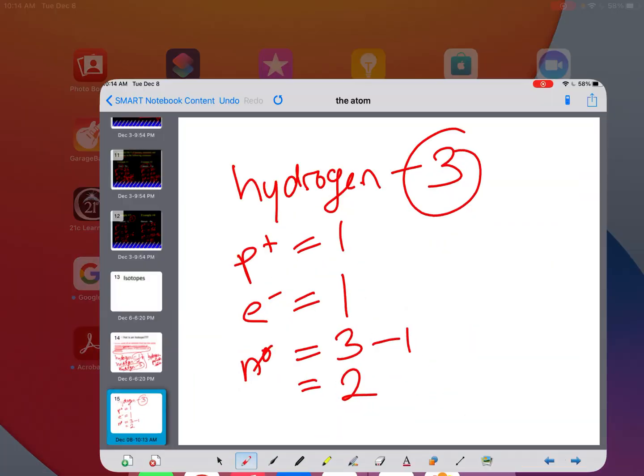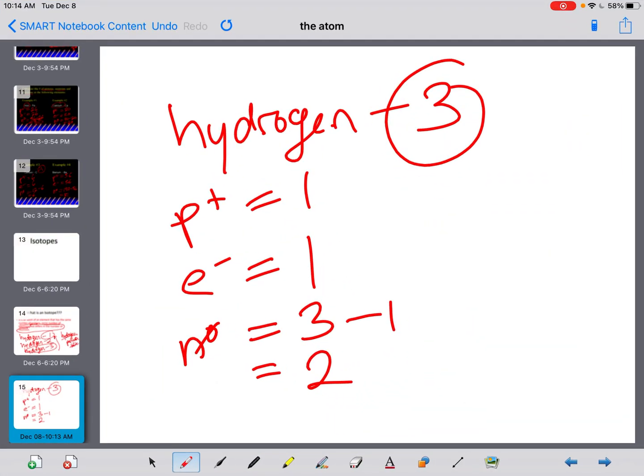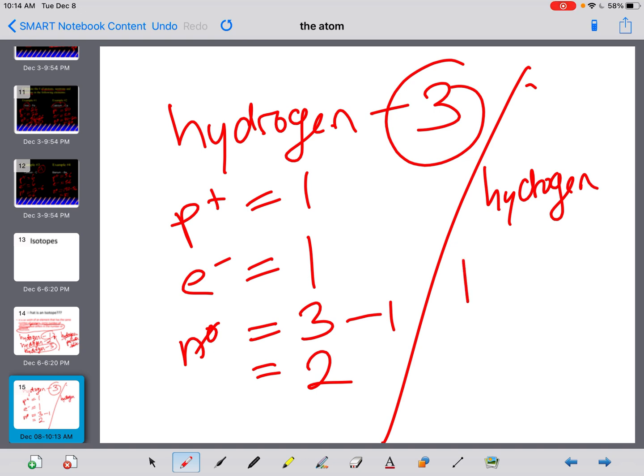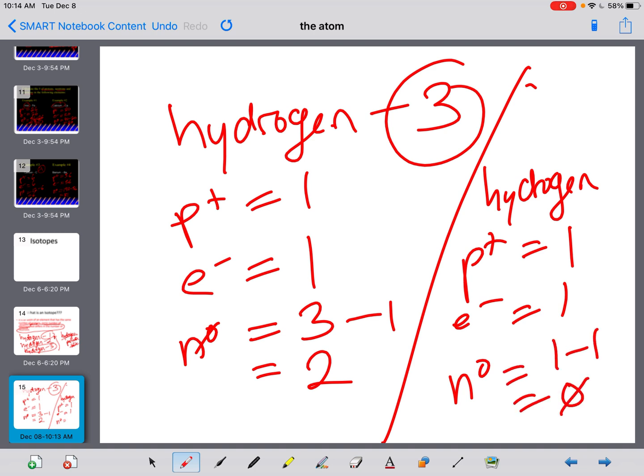So if it had said just hydrogen, the P-E-N number would be 1, 1, and then this would be 1 minus 1, which is 0. But here it's not telling me what specific mass, so I'm going to use the periodic table average.